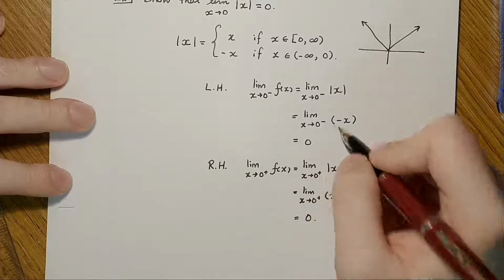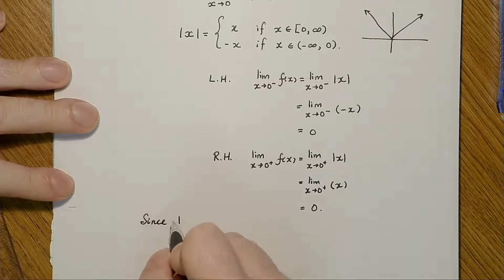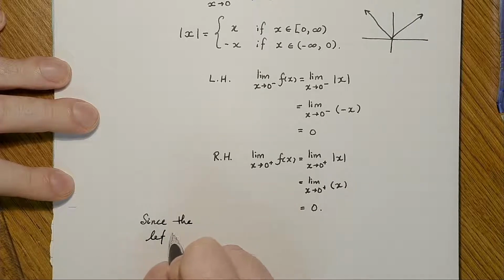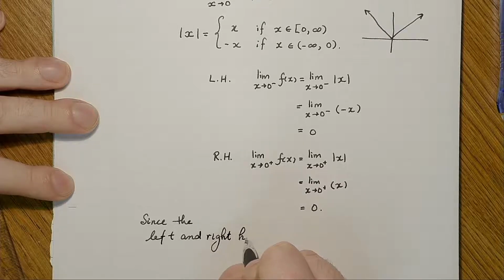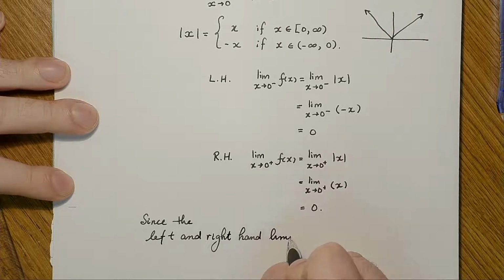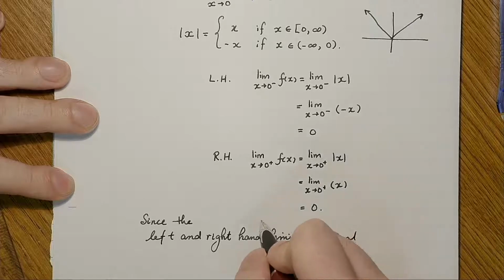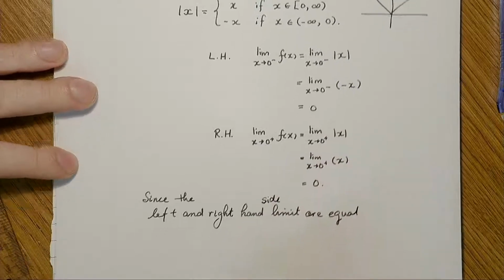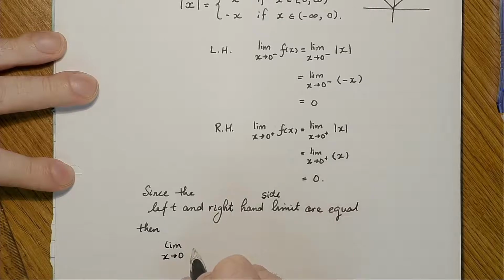So we see that since the left and right-hand limits are equal, then the limit as x goes to 0 of the absolute value function of x is equal to 0.